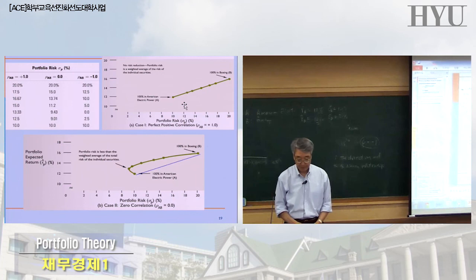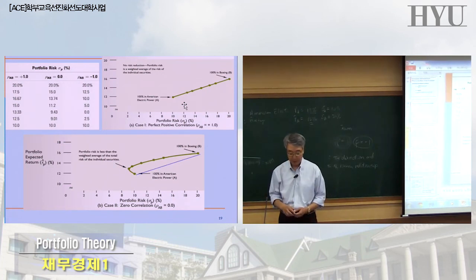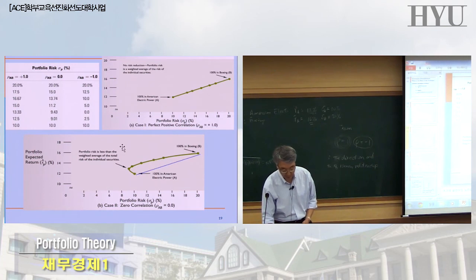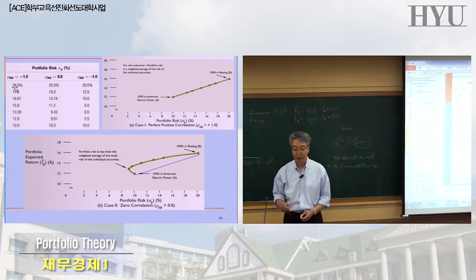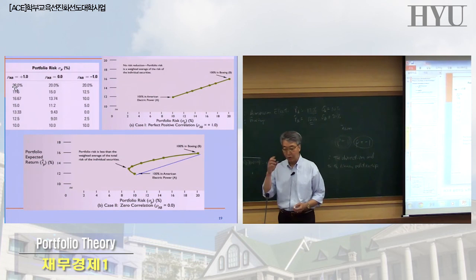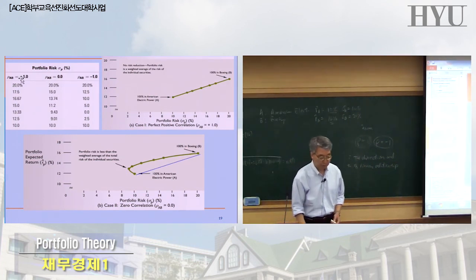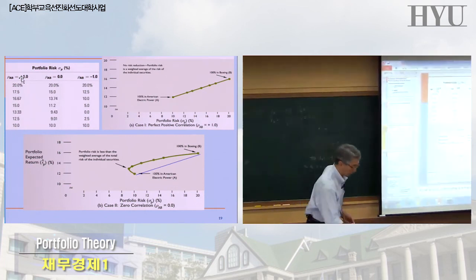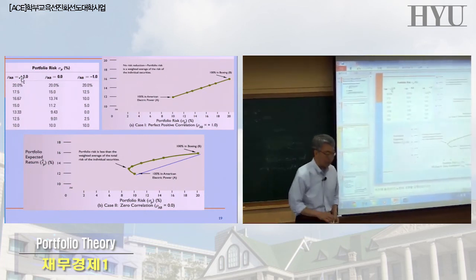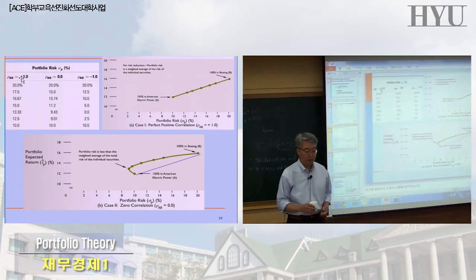All right, the important graph starts from the next graph here. What if we had no correlation between A and B? So in the first case, perfect correlation, what does that mean? What's the story? If rho happens to be positive 1, perfect positive correlation, then what kind of relationship do we have between A and B?